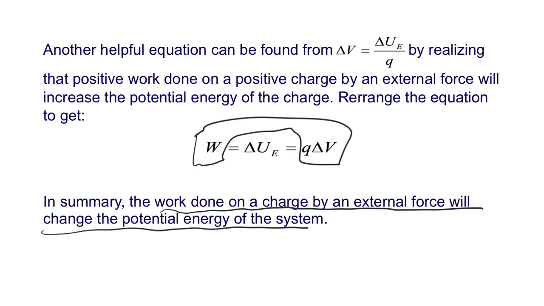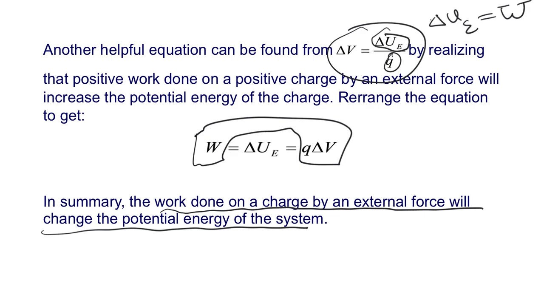So here's yet another equation. Since potential difference is a change in electrical potential energy over Q, we can rearrange this, knowing that the change in UE is the work done by like a battery.